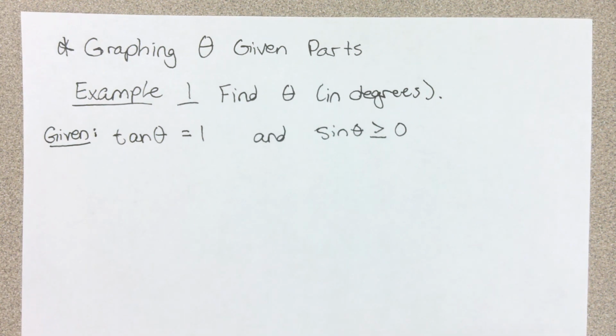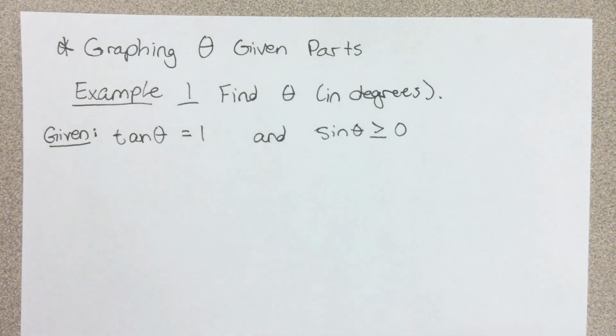And that's our givens. That's all we're told. So instead of being told directly what theta is, we're told clues about theta, and we'll use these clues to figure out what theta is. This on the surface looks like not that much information, but there's so much we can figure out from this.